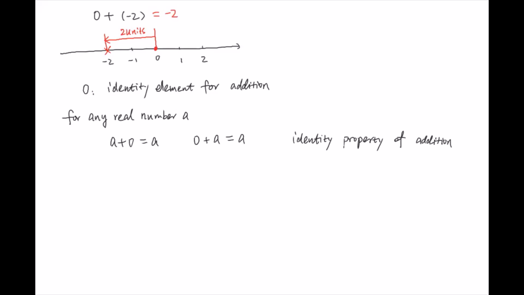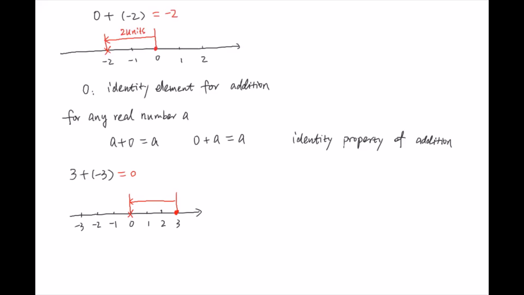Now let's see more examples. 3 plus -3. Let's draw the number line. On this number line, first let's find the point for 3, and then move to the left by 3 units. Now you can see the result is 0.